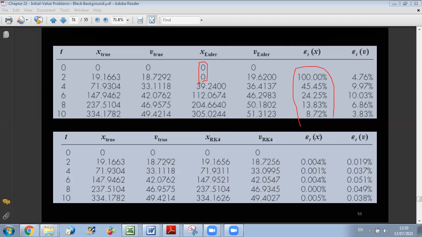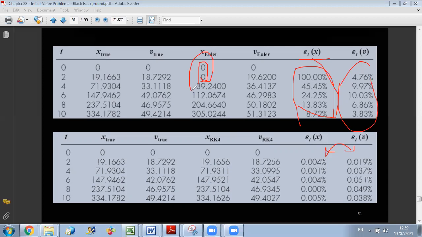This is why other methods will take a slope that is closer to the actual mean between Ti and Ti plus 1. With other methods, you will end up with much lower errors for X. Even, you can see that in the Euler method, the relative error for X was much higher than the relative error for V, while when using RK4, it is the inverse, because already you were able to fix this issue that you are not considering just the slope at the first point.